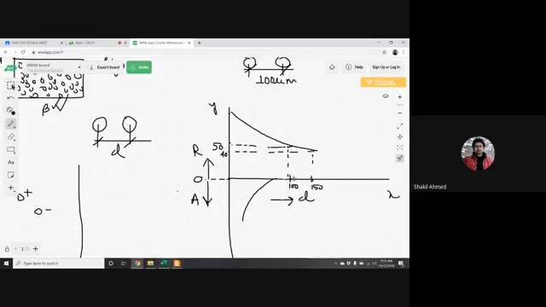This is the graph. It goes like this. It's 0. Here also 0. So who will dominate at this distance? Repulsion, because there is no attraction.